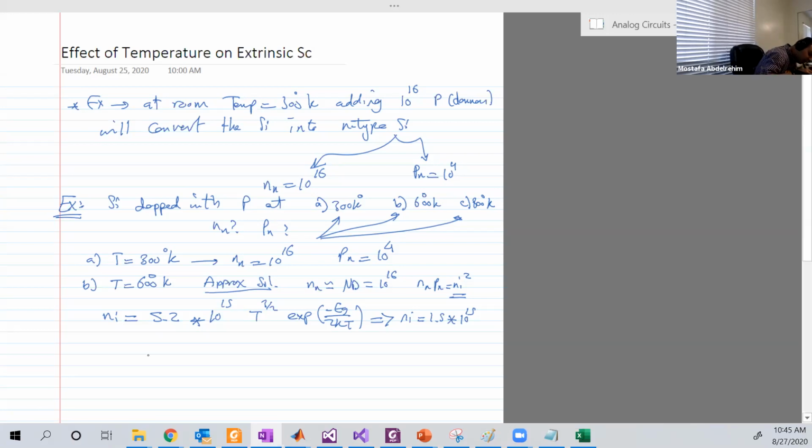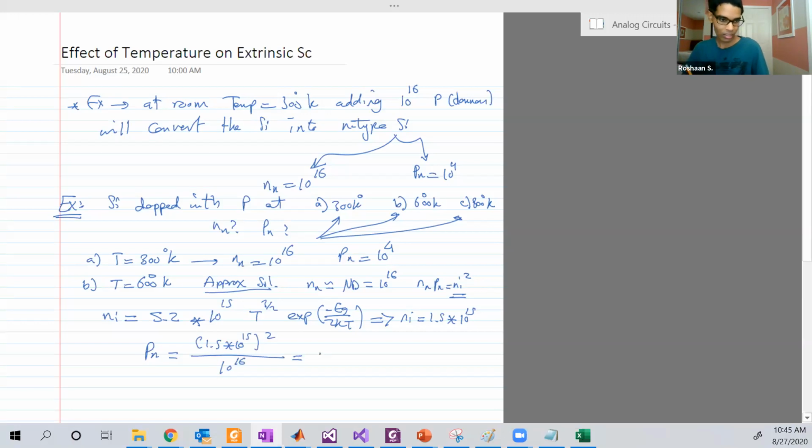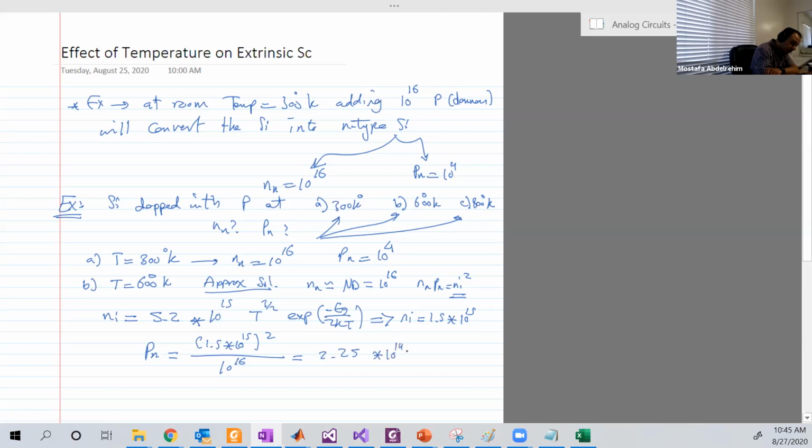Now let's calculate Bn. It's equal to Ni squared over Nn. So 1.5 × 10 to the power 15 squared over 10 to the power 16 will give us 2.25 × 10 to the power 14. And just by looking at it now, look at how Bn changes.